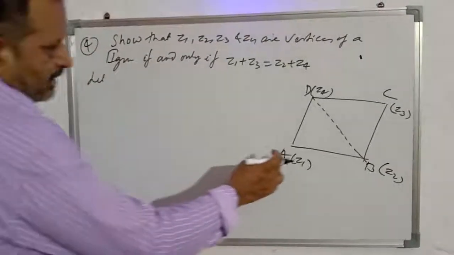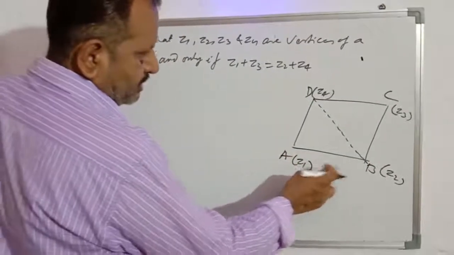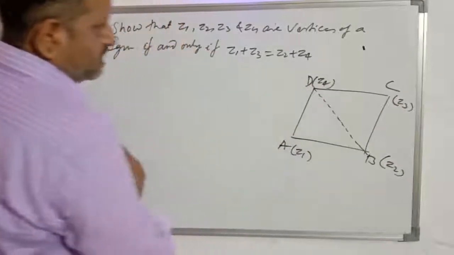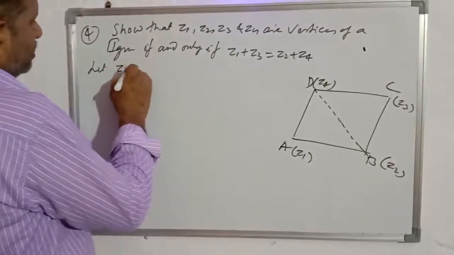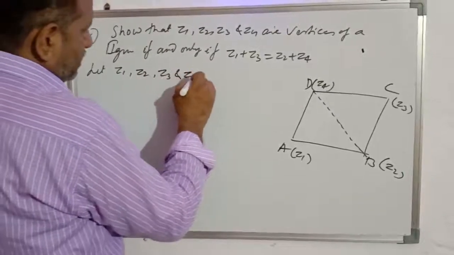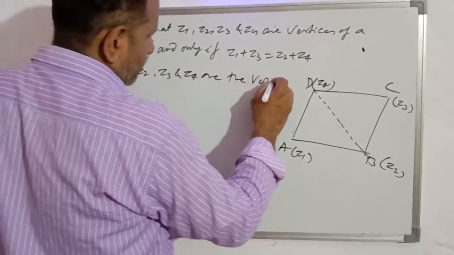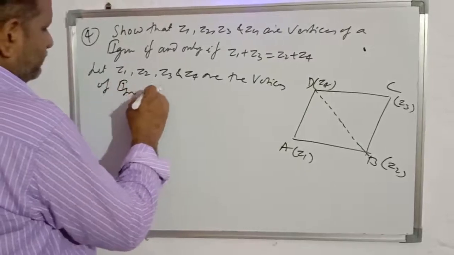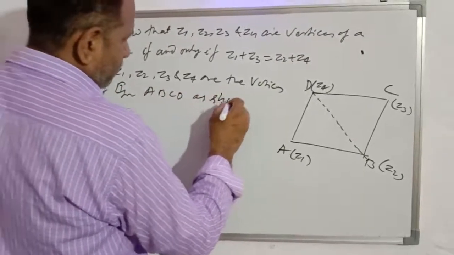So I have taken a parallelogram ABCD. Point A represents Z1, B represents Z2 and C represents Z3. Point D represents Z4. Let Z1, Z2, Z3 and Z4 be the vertices of parallelogram ABCD as shown in figure.